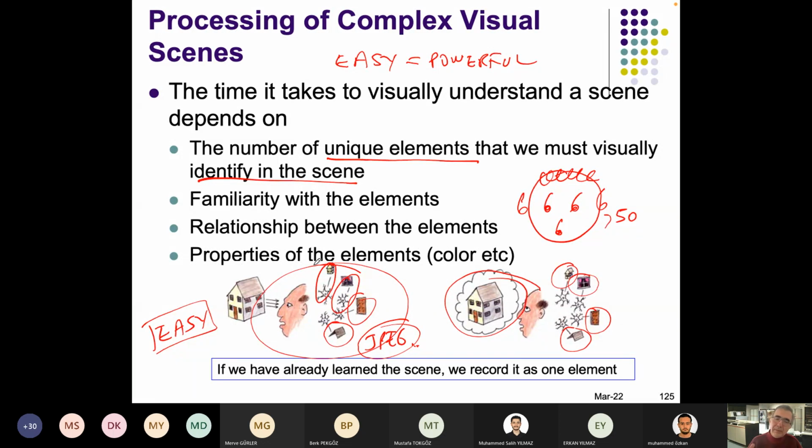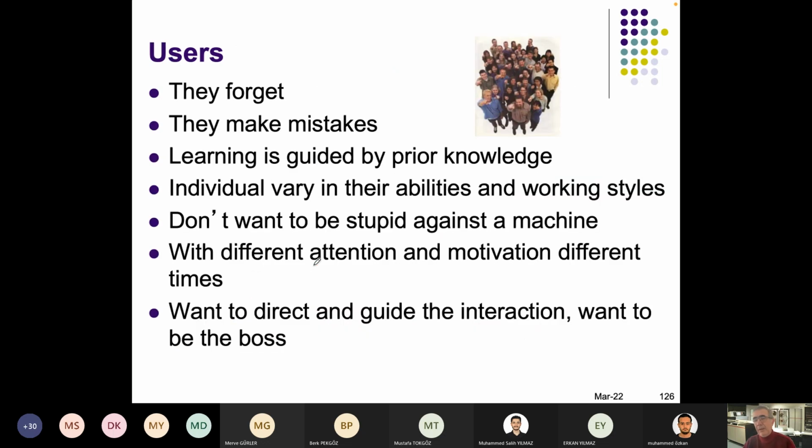If it is learned, then using the interface is much easier, and if it doesn't contradict the other interfaces. We are different people. We forget. We make mistakes. Our learning process is guided by previous knowledge, and we have different individuals with different abilities and working styles.